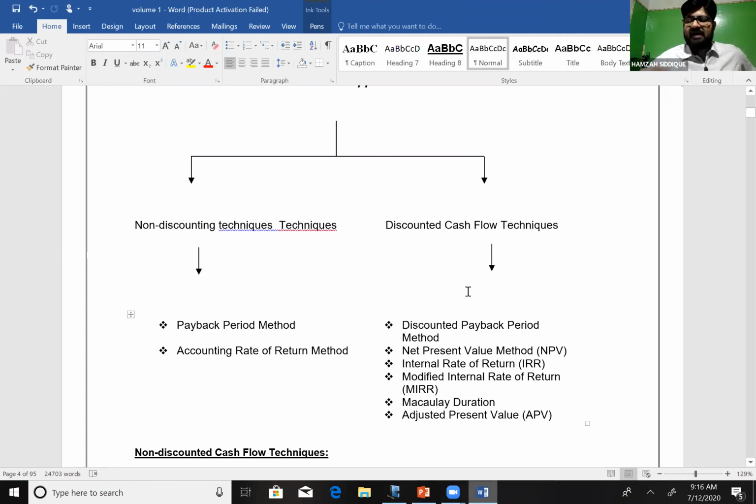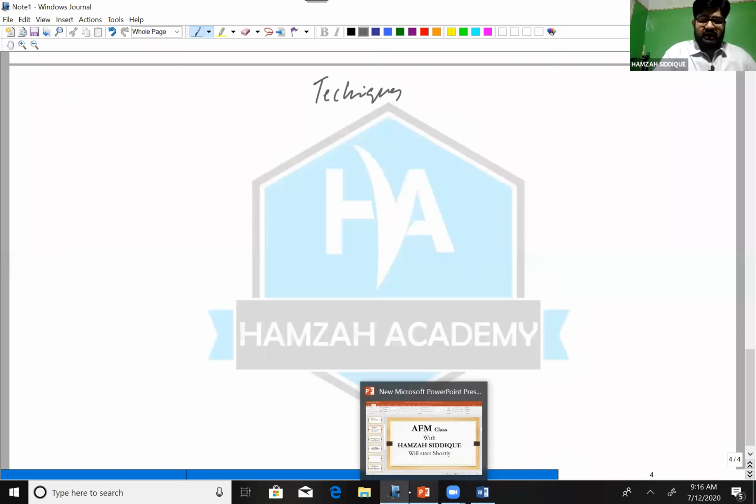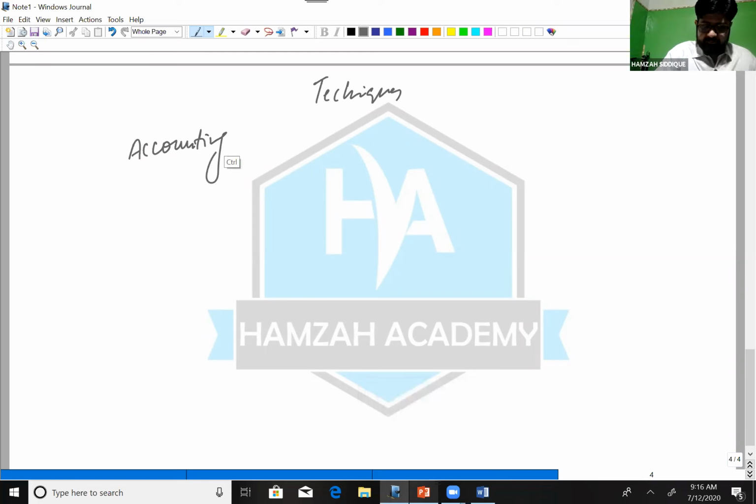All have been listed here, which are part of our syllabus. So let us start with ARR, accounting rate of return.